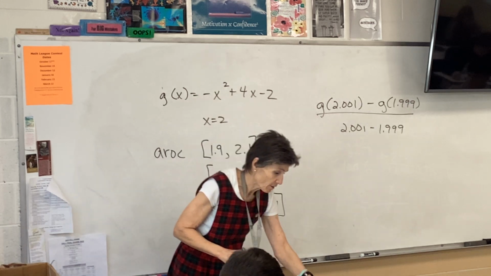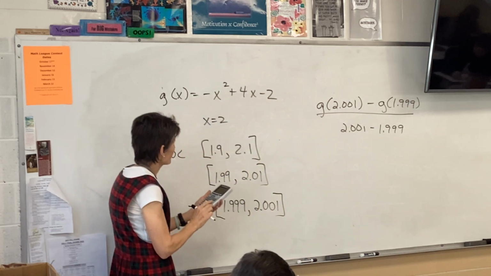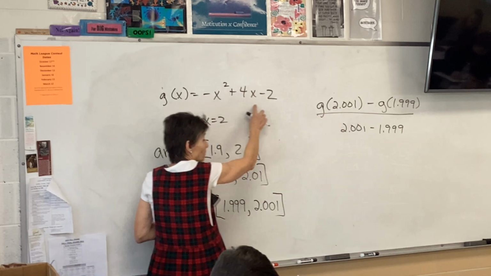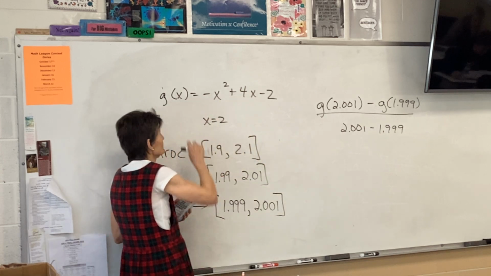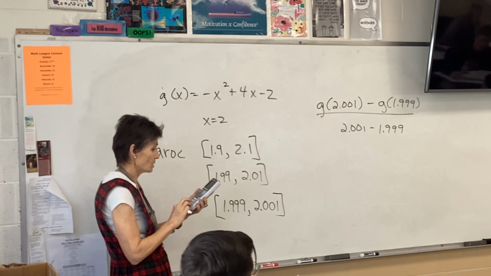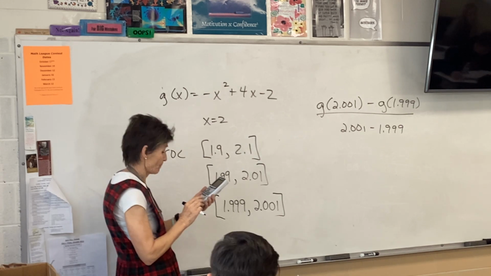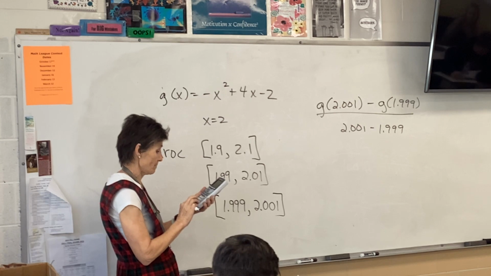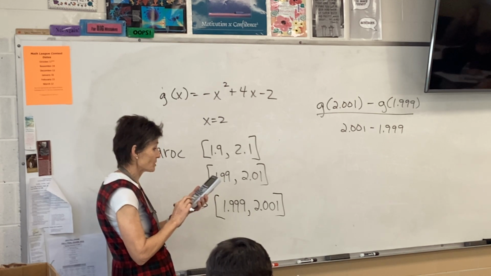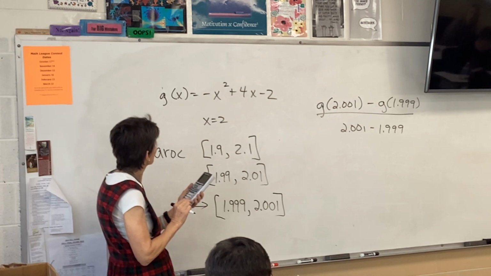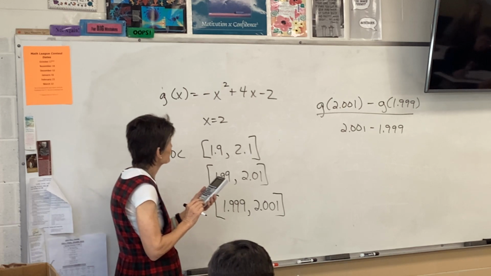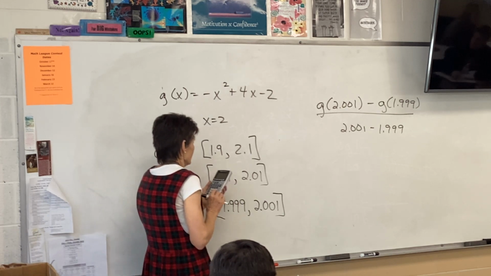Now we'll get our calculators out. And we're going to find g of 2.001, which means plug in 2.001. So negative 2.001 squared plus 4 times 2.001 minus 2.